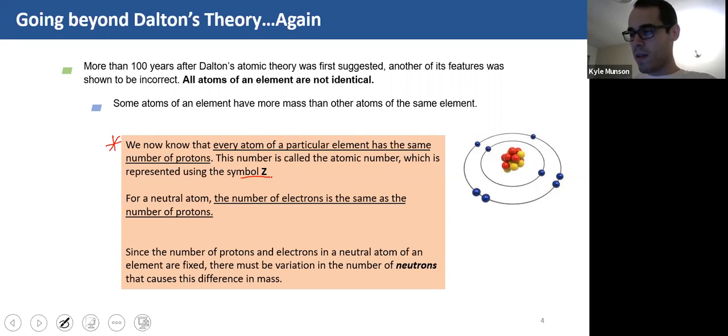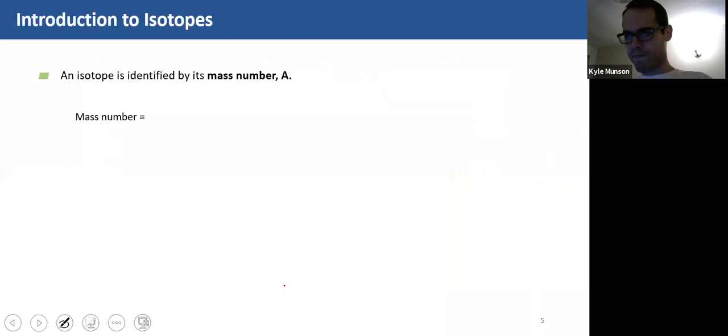So the number of neutrons is what's causing the different masses in these atoms of the same element. Let's dive into this a little bit more.